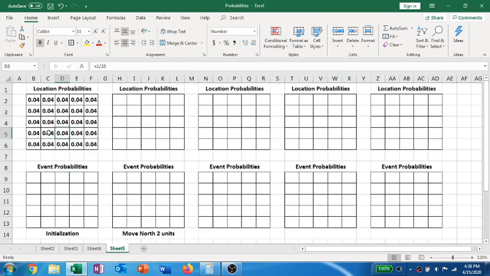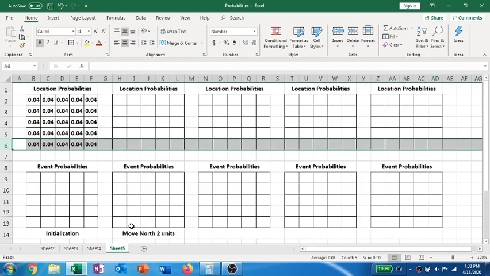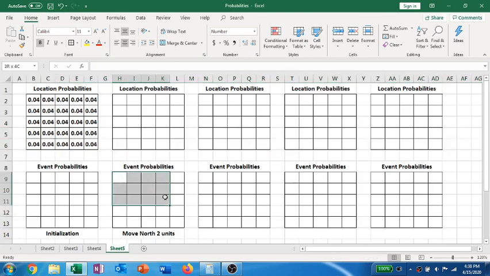So now there's a 0% probability that we are in this row or this row. So we know we're in this area, with a probability of 100%, or we'll say 1, and this zone has a probability of 0.